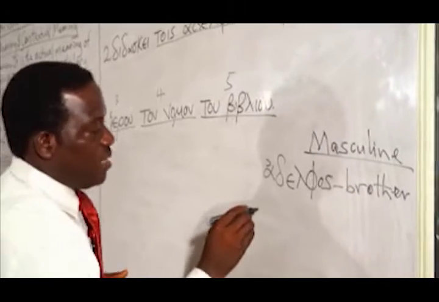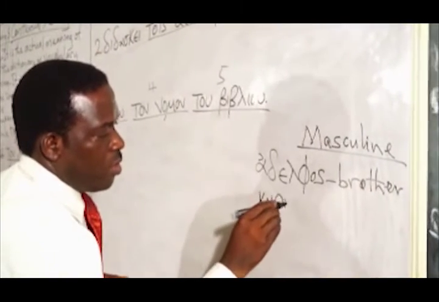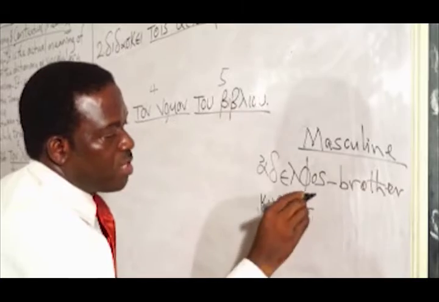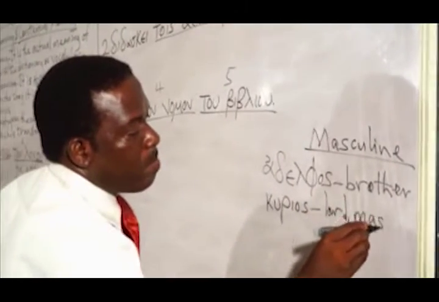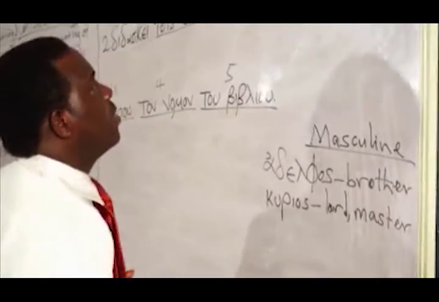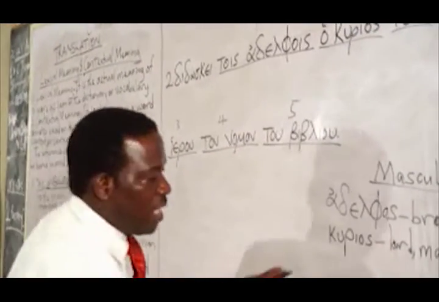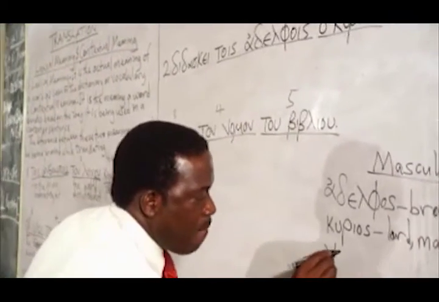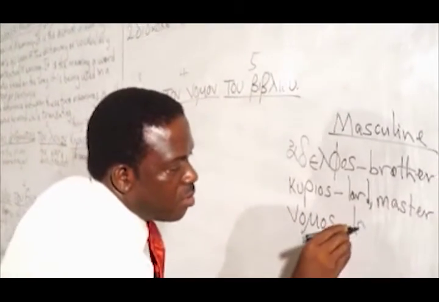The second one is kurios, which means Lord or master. The third one is nomos, which means law.